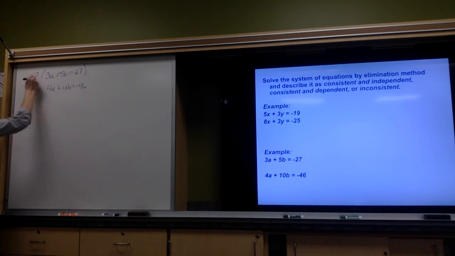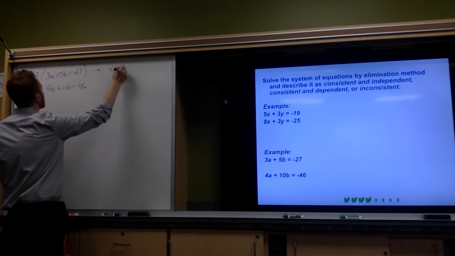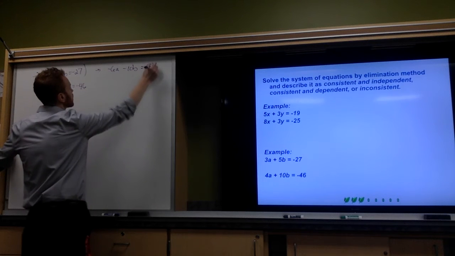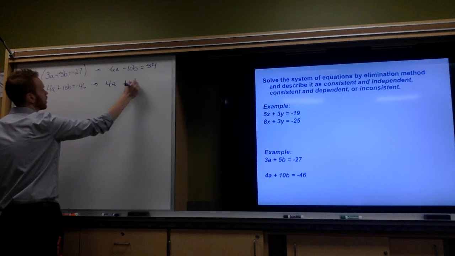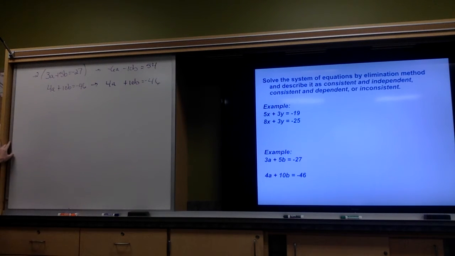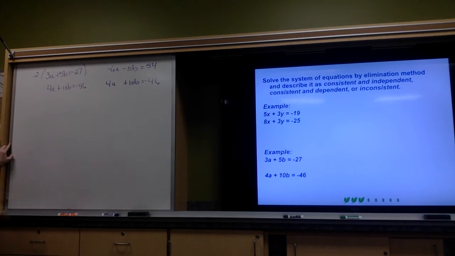I'm going to multiply this by -2. So I get -6a minus 10b equals 54. And then this stays the same. I didn't change this guy at all. Okay? Let me just erase the arrows. Sorry about that. I'm just showing you where I was going.